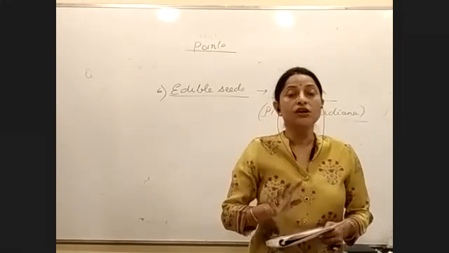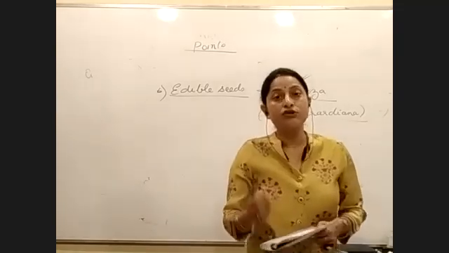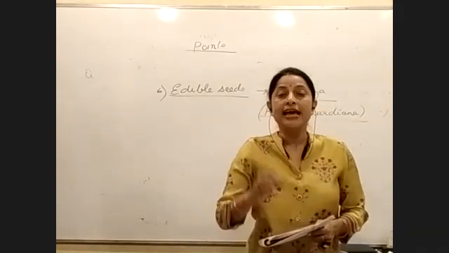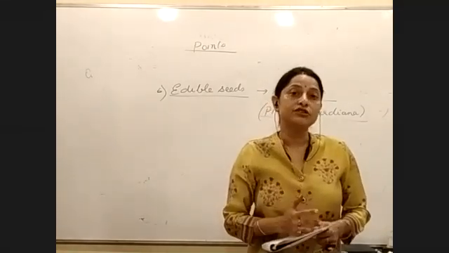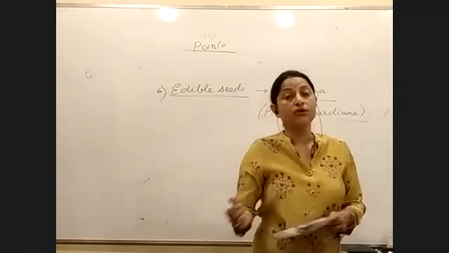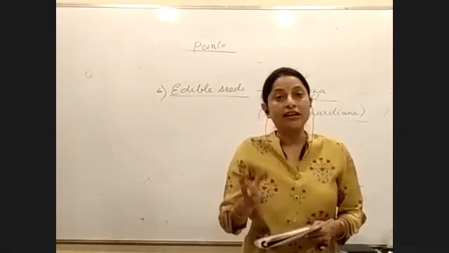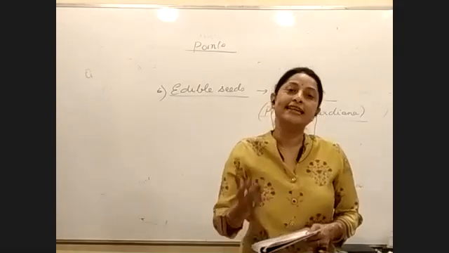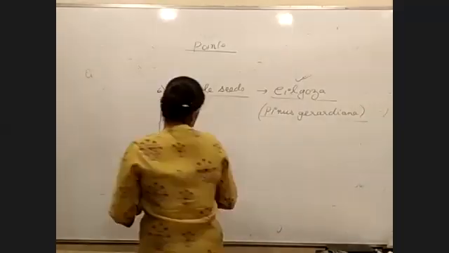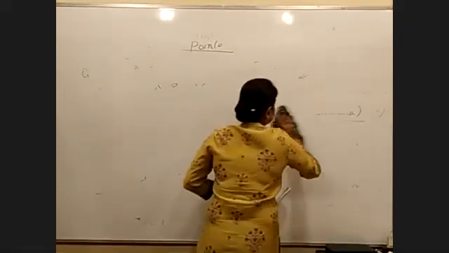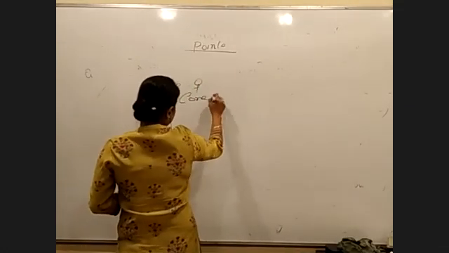It is always 4. Similarly, if the cells of the megasporangium undergo meiosis to produce megaspores, how many megaspores will one cell form? 4. But in case of gymnosperms, out of the 4 megaspores that are produced, only one remains functional and the rest degenerate. Have we understood this line? Yes, ma'am. Clear, no? There will be a cone, the female cone. What will we see in the female cone?